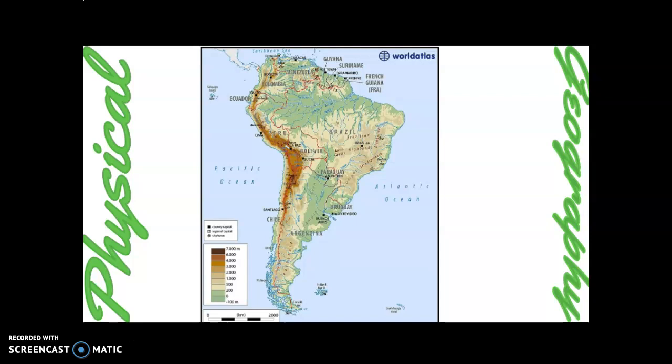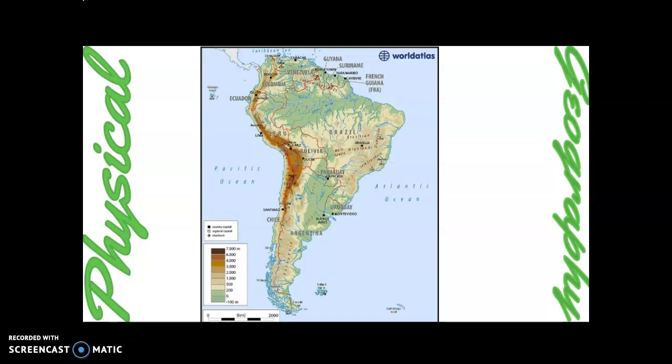It's the world's second longest river, but it carries the most water. The other body of water is the only major lake, and that borders Peru and Bolivia, and that is Lake Titicaca. The other major body of water we'll talk about in just a little bit.